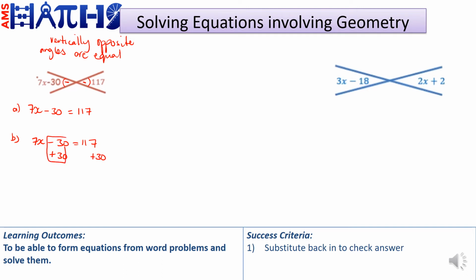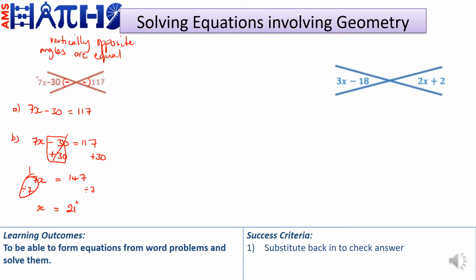Minus 30 plus 30 is 0, so we're left with 7x. And 117 plus 30 is 147. Then we divide both sides by 7. 7 divided by 7 is 1, so we're left with 1x. And then 147 divided by 7 is 21, so x is 21 degrees.